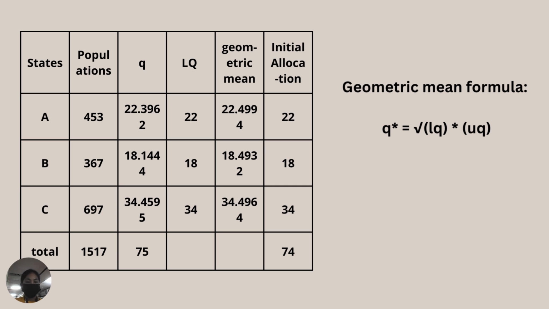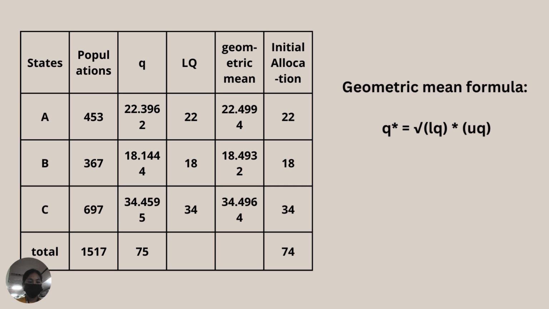In state A, we have a quota of 22.3962 and the geometric mean is 22.4994. The quota is smaller than the geometric mean, so we round down, which is just copying the 22. In state B, we still have a smaller quota than the geometric mean, so we round down.